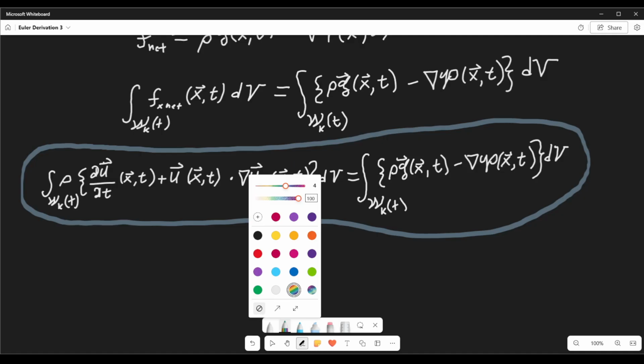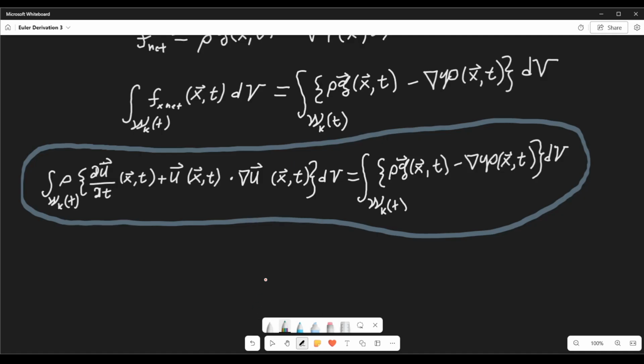Okay, so this is the Euler equation. Euler. I think I spelled that correctly. Euler equation.